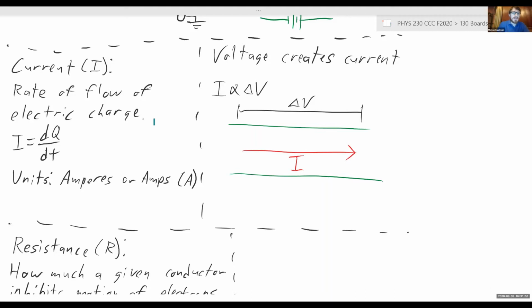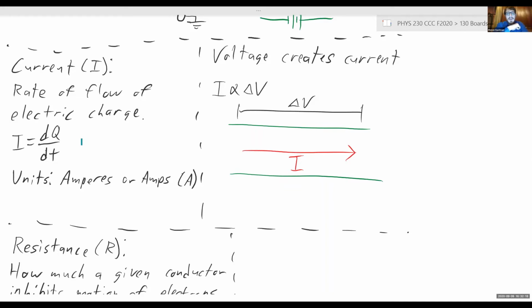Current is defined as the time derivative of charge past a certain point or past a certain plane in a conductor with respect to time. Standard units of current are amperes, or as almost everybody says, amps, represented by a capital A.